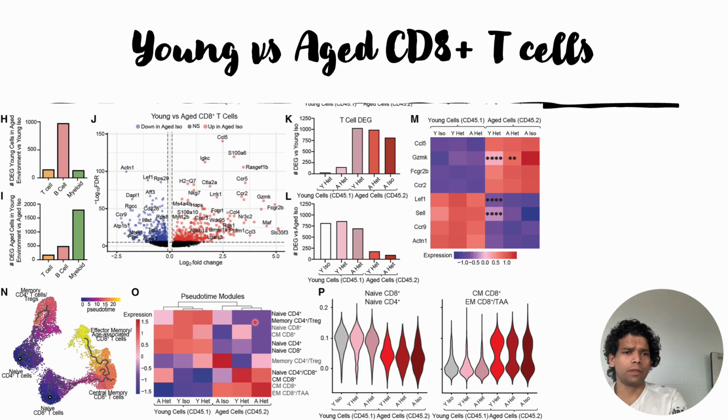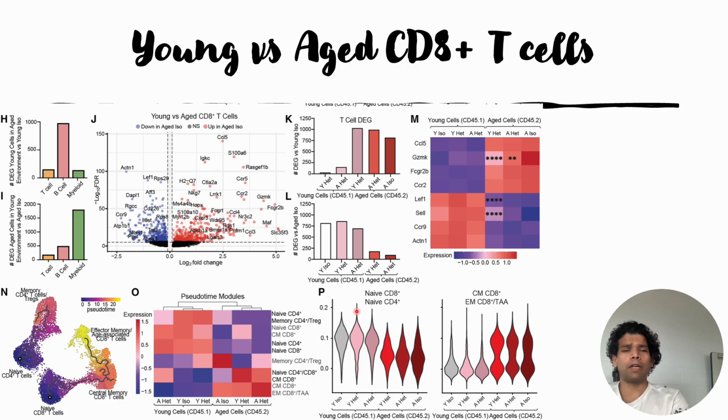It goes down, and at the same time the effector memory CD8 plus T cells go up when they move from isochronic to heterochronic conditions, indicating that a differentiation occurs in the aged CD8 plus T cells from naive CD8 plus T cells to effector memory T cells.